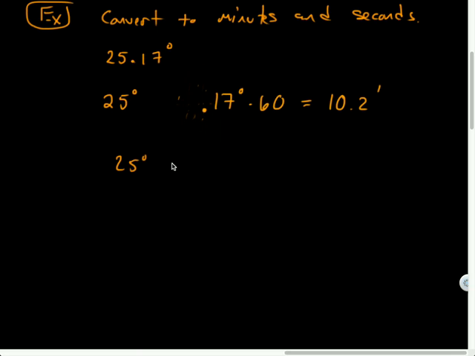So this is 25 degrees, 10 minutes, and if I want 0.2 minutes to be measured in seconds, what could I do with that? Multiply it by another 60. And 0.2 times 60 is 12. So it turns out this is 25 degrees, 10 minutes, and 12 seconds.